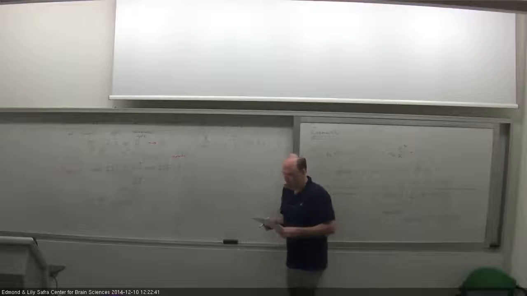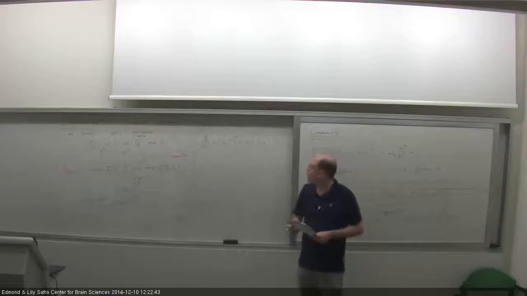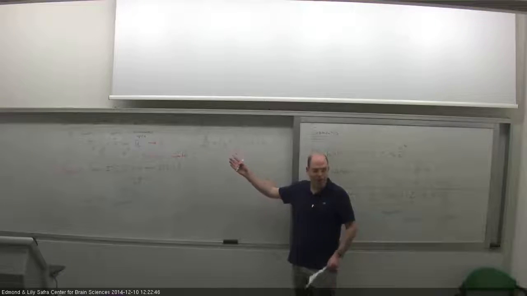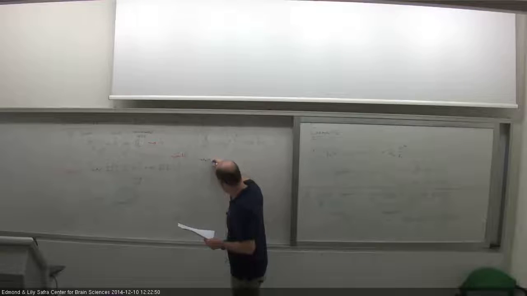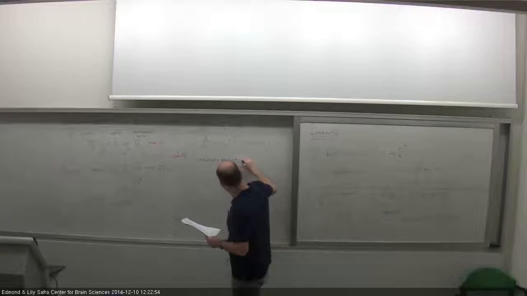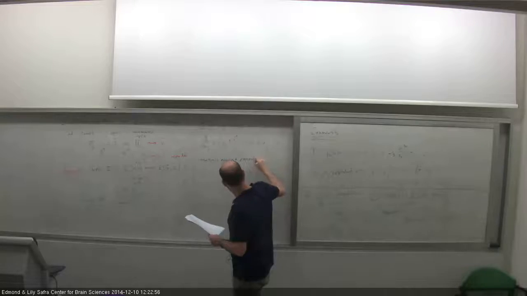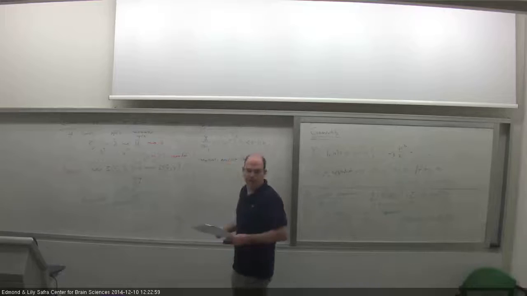Okay? So one approach to maximizing the Lagrangian numerically is to use what we call stochastic gradient descent. We've already encountered this approach when I discussed the Oja learning rule.